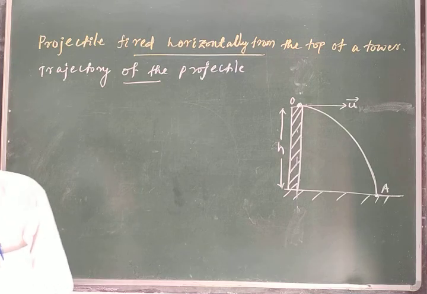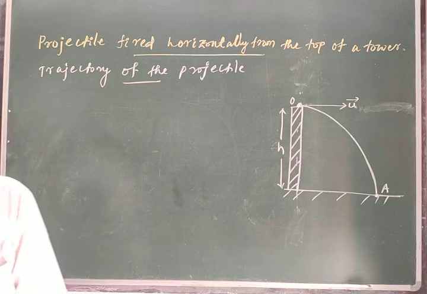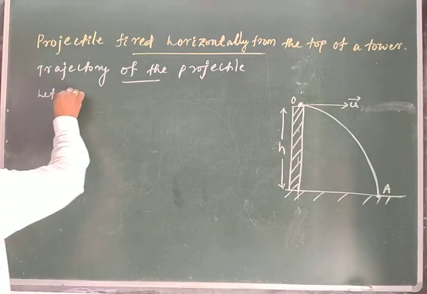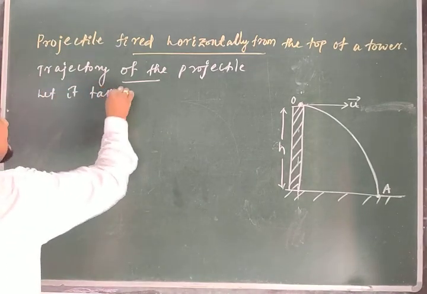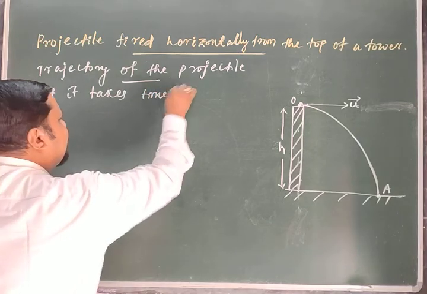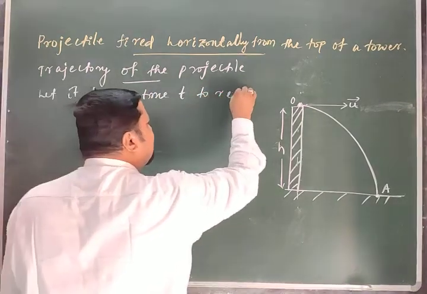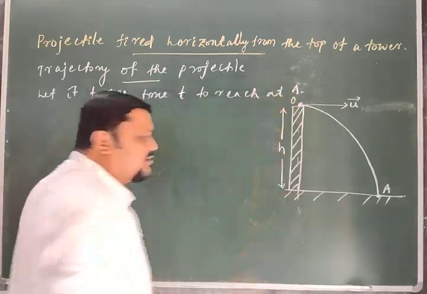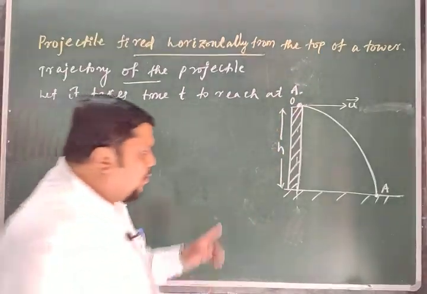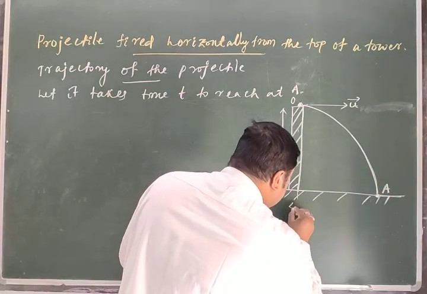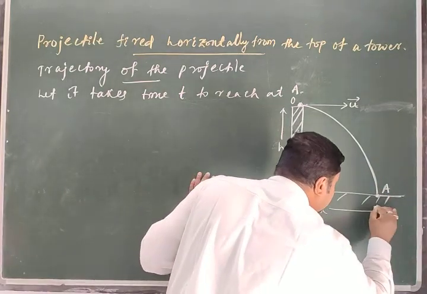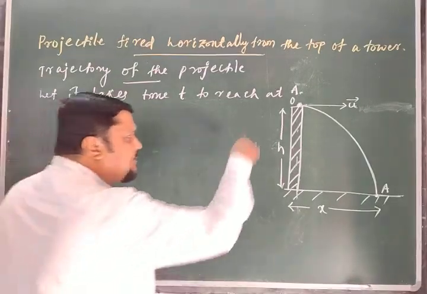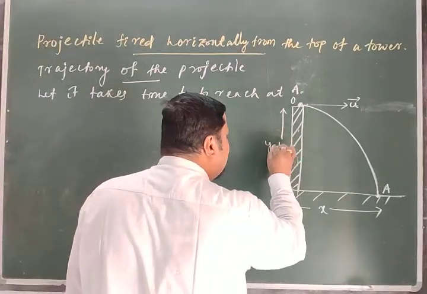So let it take time t to reach the point A. It means the projectile takes time t to reach A. And suppose this distance is x, and this distance I have considered as y, which is equal to h.